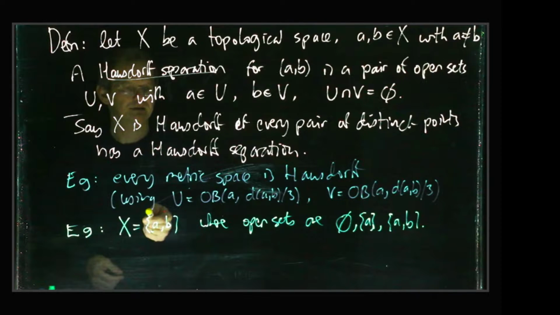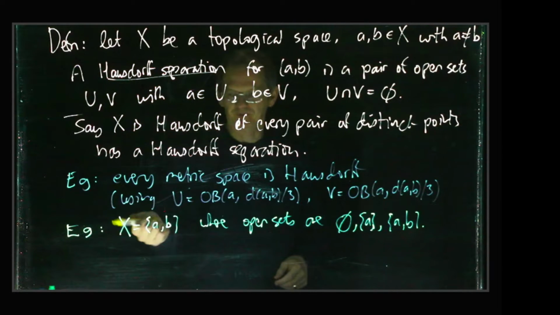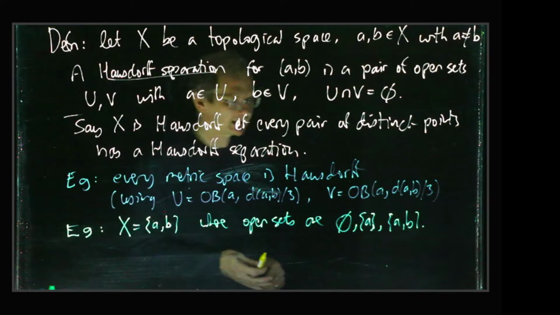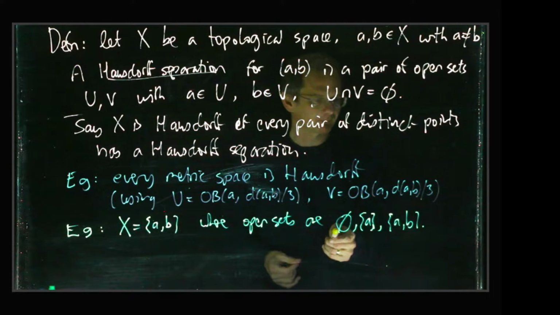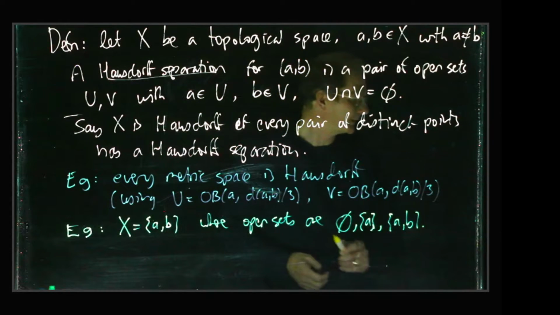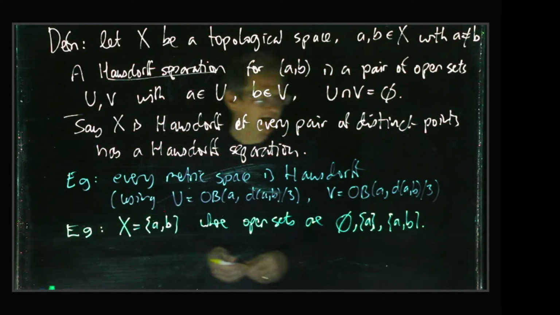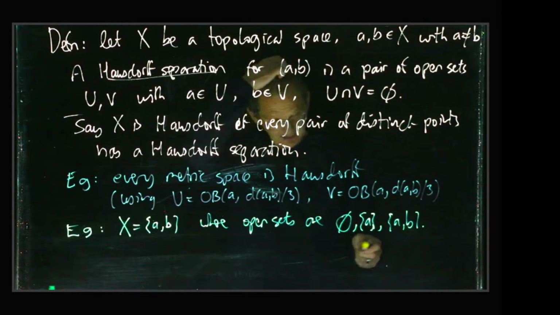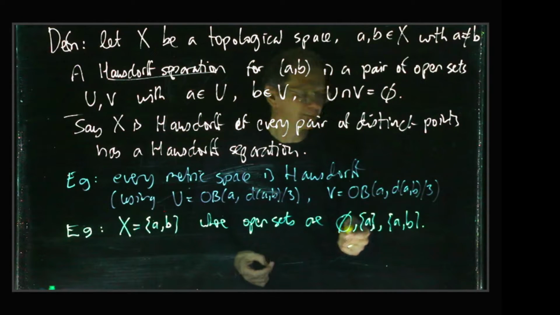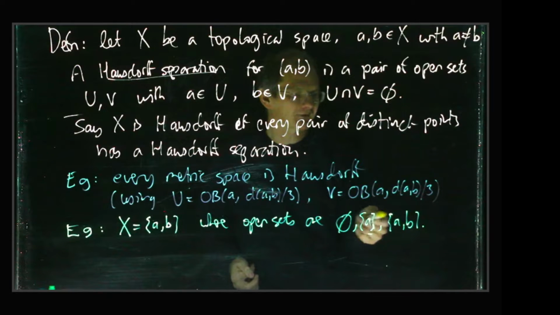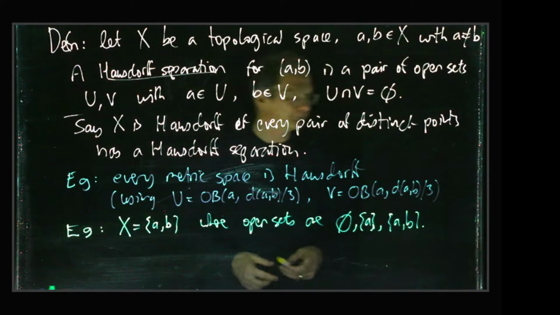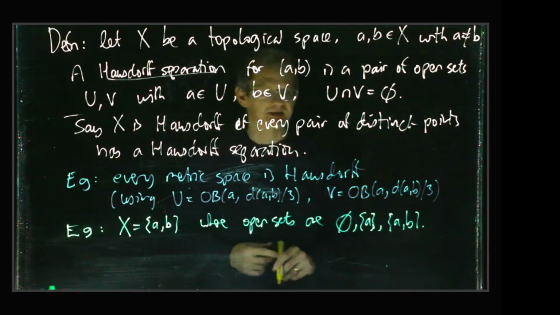One example was this space, where we've just got 2 elements A and B, and the open sets. Remember, the empty set and the whole space have to be open. We don't have to have any other open sets, but we could have a space where the set containing A is open, and the set containing B is not. This is called the Sierpinski space.